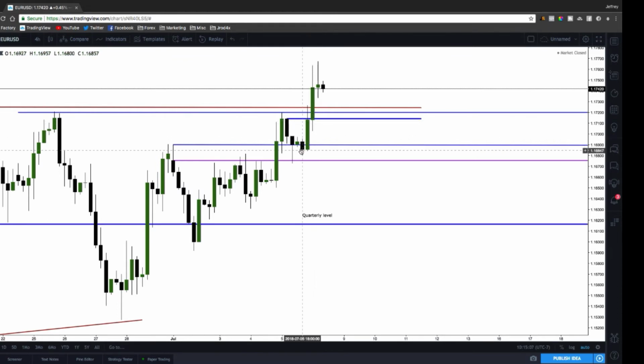I don't mind sitting through a little bit of drawdown as long as I'm in the move and my overall direction is right. So basically this high right here is enough for me. I don't necessarily need the market to trade all the way into this ICT bullish order block here. As long as my stop loss is below this low, then I should be safe, right? So the market shouldn't break below this low if we're going to continue bullish.